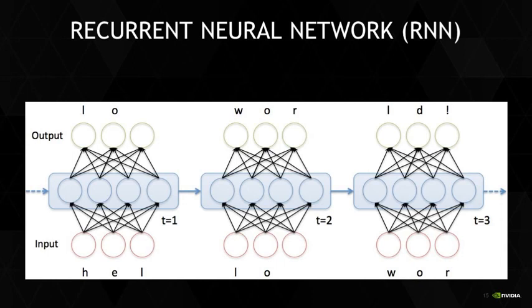The current leading approach to natural language understanding makes use of another important type of neural network, which is called a recurrent neural network. The structure is very similar to the basic artificial neural network we described before. Here we see, if you like, 3 artificial neural networks side by side.